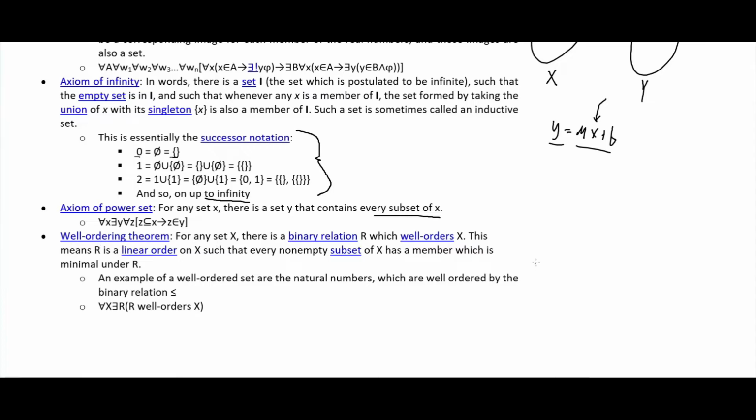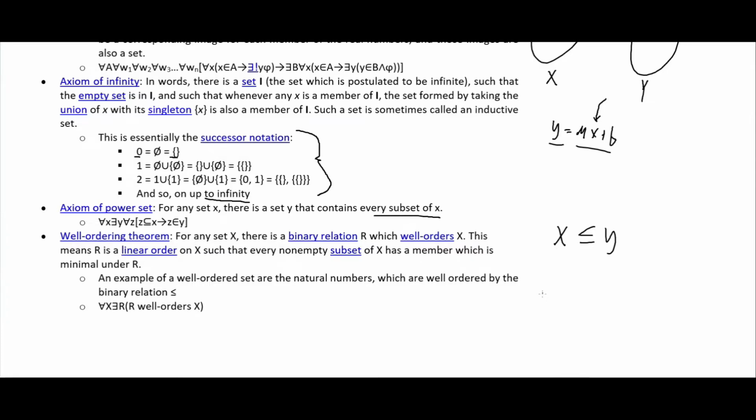Then the well-ordering theorem, which I don't think is actually an axiom, which is why it's called a theorem, but it's kind of an important one. It's essentially talking about a relationship where you can say that x is less than or equal to y. And this will be true of every element of your set.